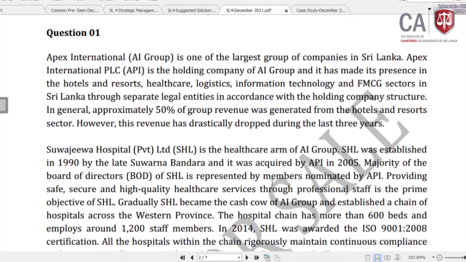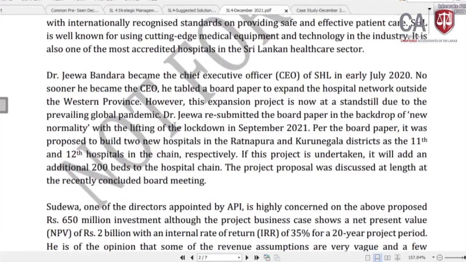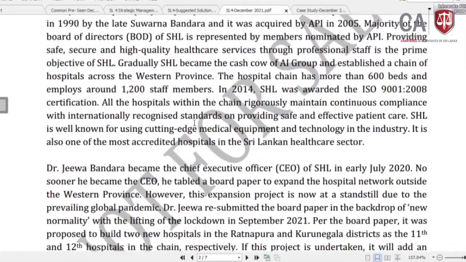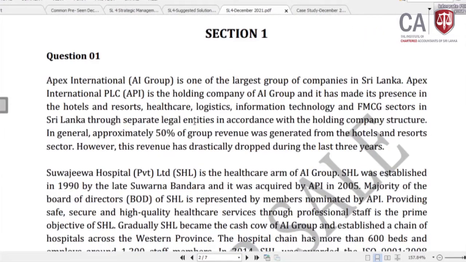That is a company that comes under the AI group, right, the healthcare arm of the AI group. Now, the question is given for what? SHL. So, the question tests your knowledge on SHL, that is Suvajiva Hospital Private Limited.